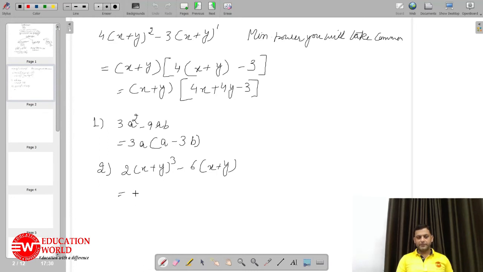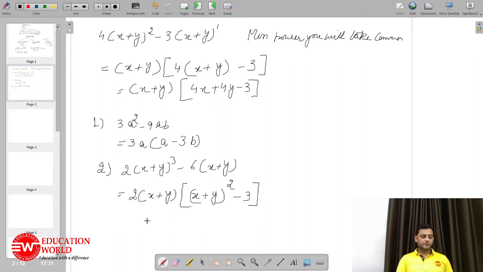So here it will be 2. Now here it is power 3, here it is power 1, so I will take only one power. So here 2 I have taken, 1 power. So what is left inside? x plus y square minus, now 6 I will divide with 2, I will get 3. So one bracket is here, 1 I have taken common.